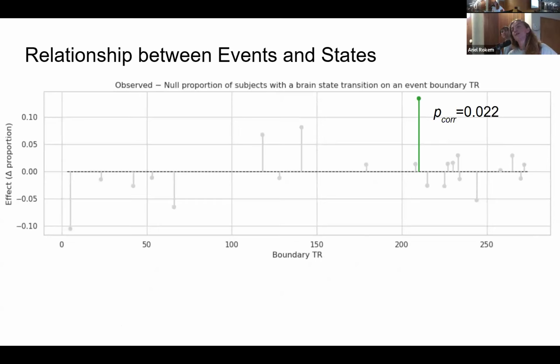So then I followed up and did an event locked version of that, where I looked at the proportion, observed minus null, of subjects that had state transitions that fell on a certain event boundary. We see one that was maybe significant, where a subject has a brain state transition that aligns with the event boundary, but overall, not great.